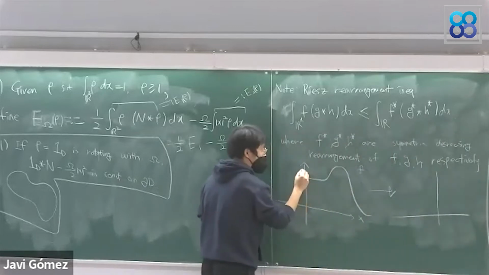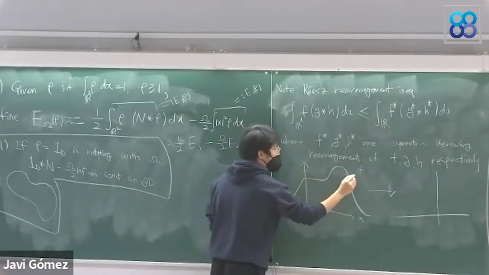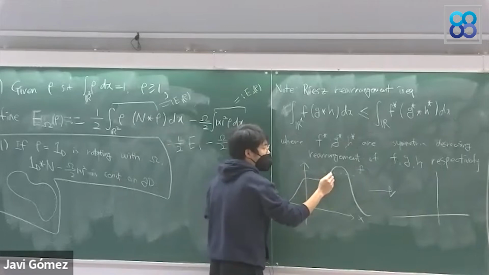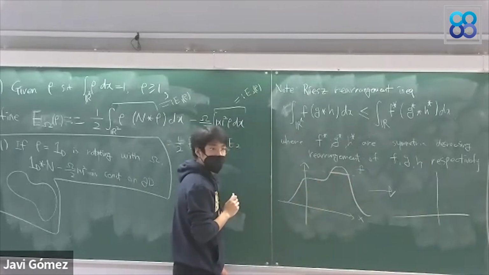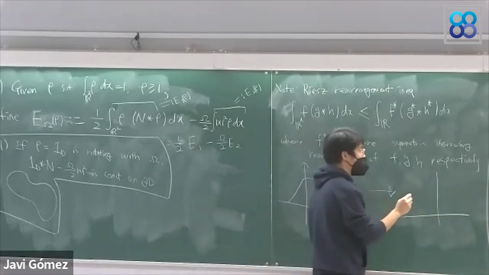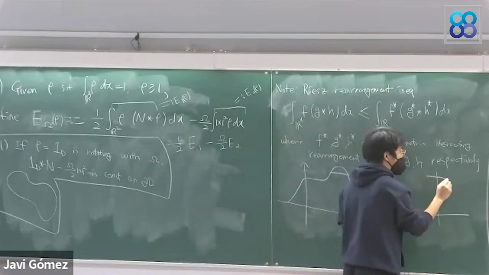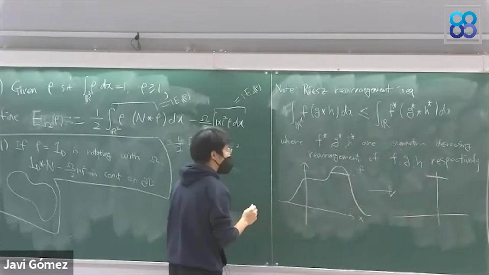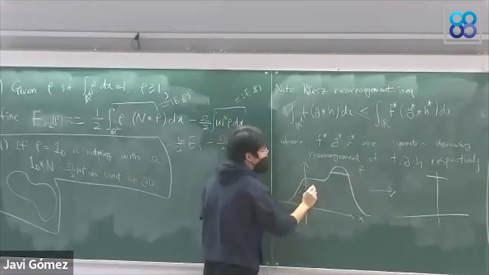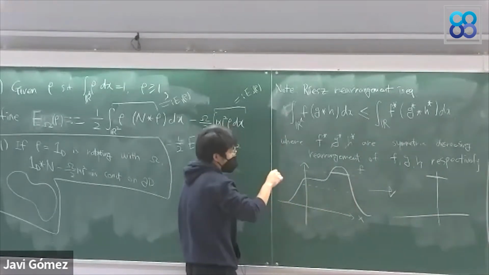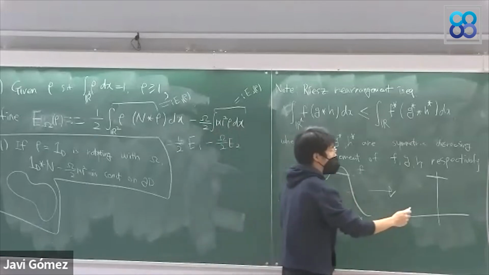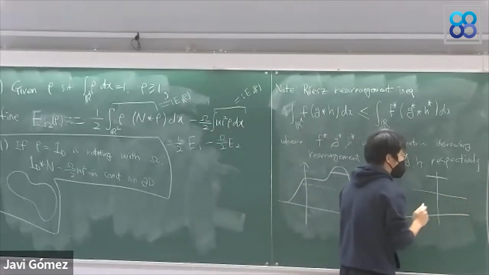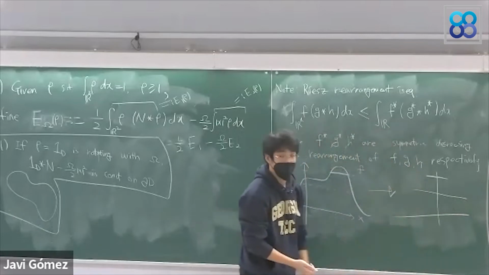You look at each level set, say this one, and there's the domain that corresponds to this level set, and then you put the same length here and do the same thing. Like if you pick this height, then you put this amount of portion like this, so that it's symmetrized by a certain axis.